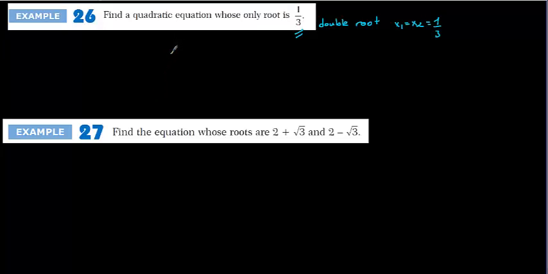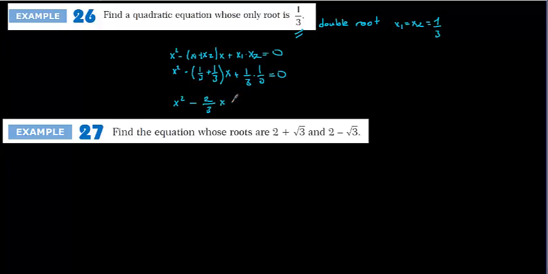I am rewriting the formula: x squared minus (x1 plus x2) x plus x1 times x2 is equal to 0, which means x squared minus (1 over 3 plus 1 over 3) x plus 1 over 3 times 1 over 3 is equal to 0, which is x squared minus 2 over 3 x plus 1 over 9 is equal to 0.